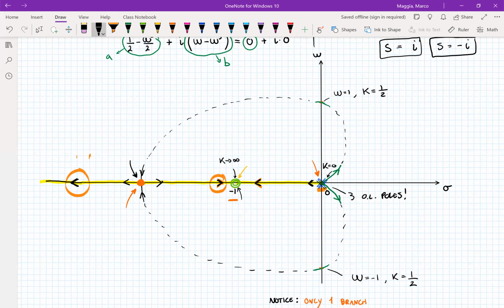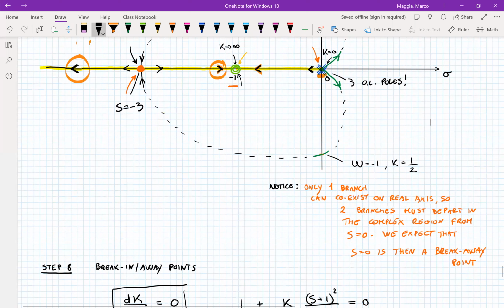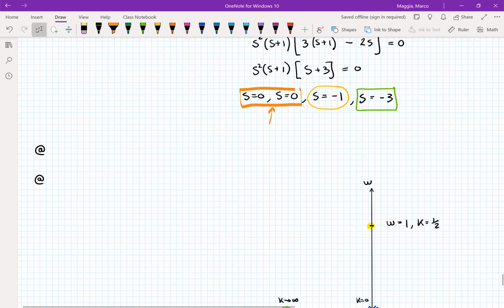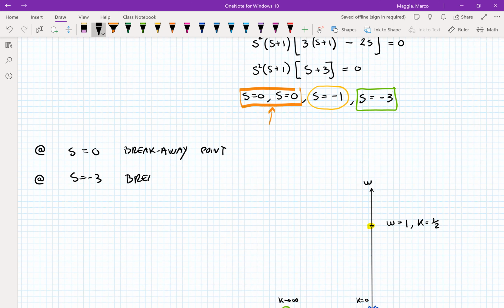So the point that we were looking for is at minus 3. All right, so at s equals 0 we have a breakaway point, and at s equals minus 3 we have a break-in point.